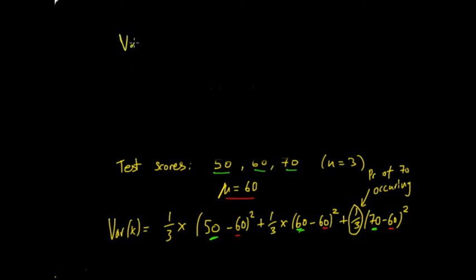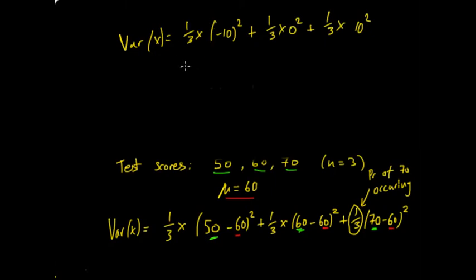So the variance of X is equal to 1 on 3 times negative 10 squared, plus 1 on 3 times 0 squared, plus 1 over 3 times 10 squared. Negative 10 squared gives you 100, over 3, so 100 over 3, plus 0 squared is 0, plus 100 over 3, which gives you 200 over 3.